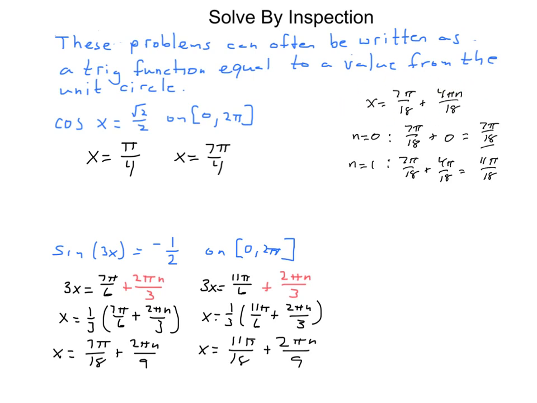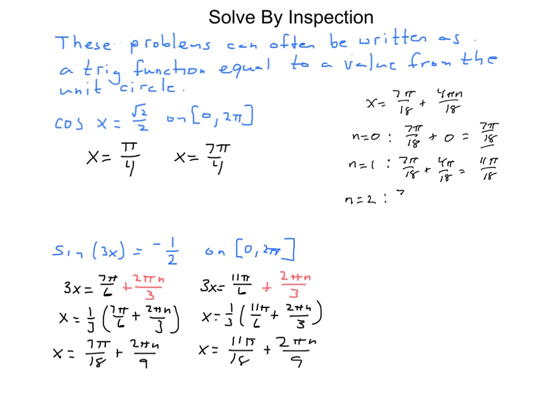If that wasn't the case, in other words, if I did not generate that first solution from the second piece, then I'd just have to do the same thing I'm doing with this one here. I'd start with n equals 0 and keep generating values until I got something bigger than 2 pi in each one. But because of how this works out, I can just keep plugging in values of n into the first piece, and that will give me all my solutions. So the next one I'll put in as n equals 2. n is always going to go up by 1.